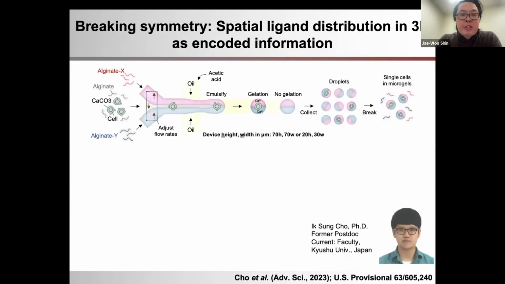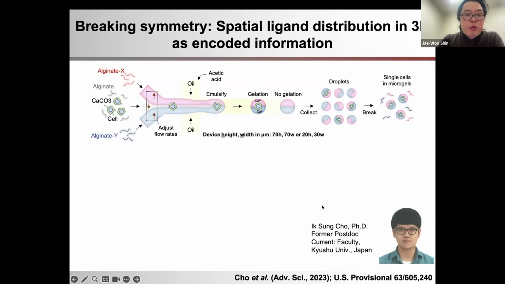Another thing that I wanted to highlight here is that the reality is that the matrix around cells will be heterogeneous. So to model this phenomenon, we took advantage of the fact that in microfluidics, at the micro scale, fluid flow tends to be laminar.